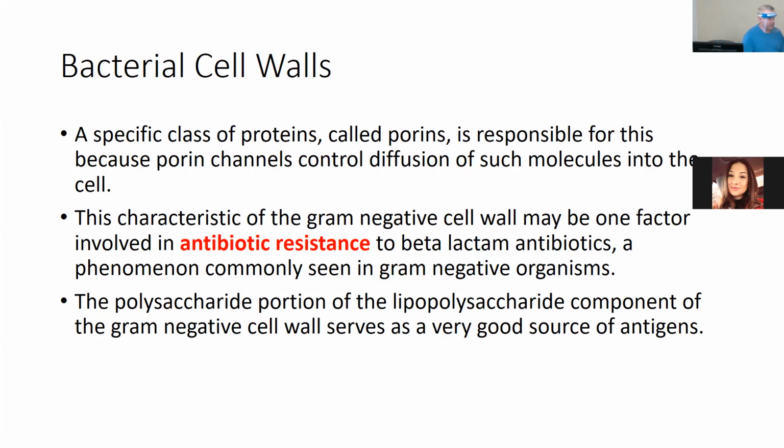If you know much about cell biology, we have proteins inside the cell wall that are porins, like a channel built into the wall that lets things move in and out. So a gram-negative cell wall may be one factor involved in antibiotic resistance to the beta-lactam antibiotics.